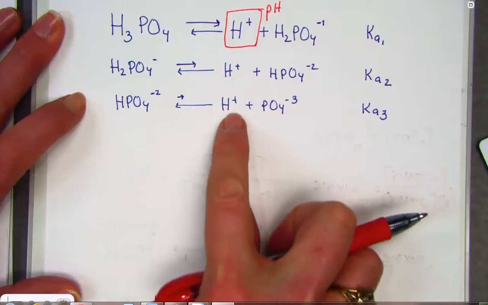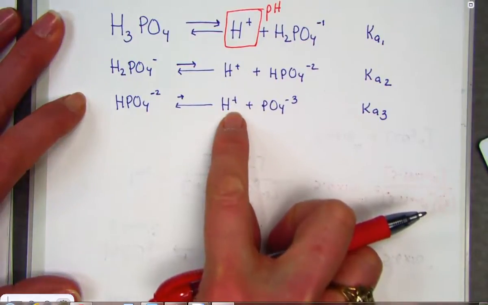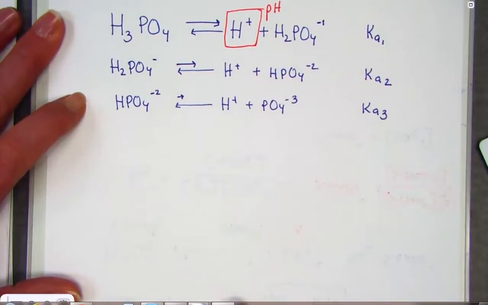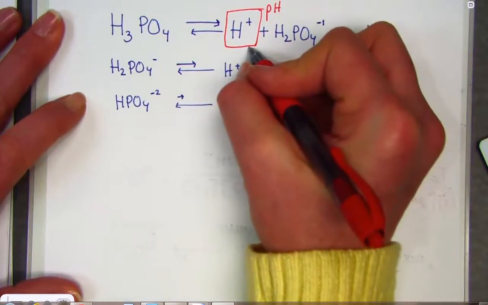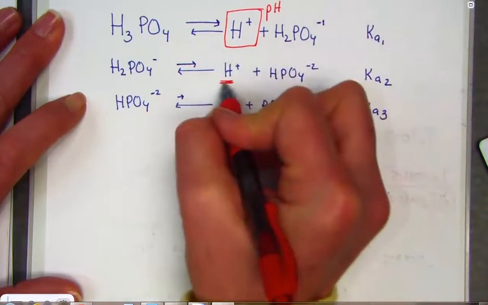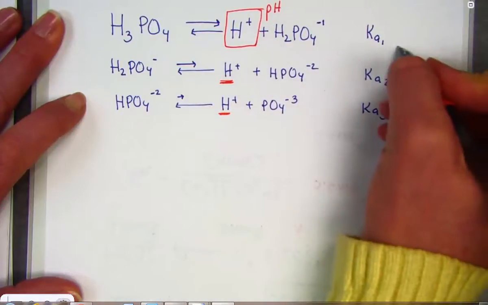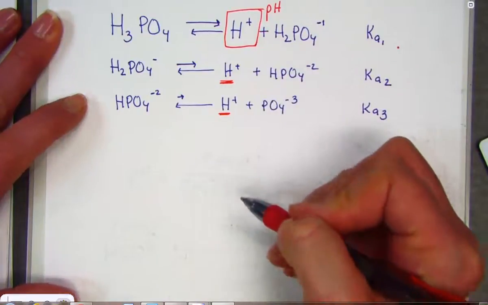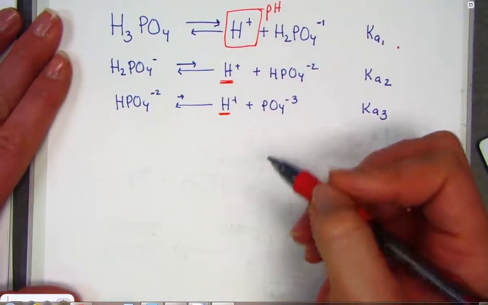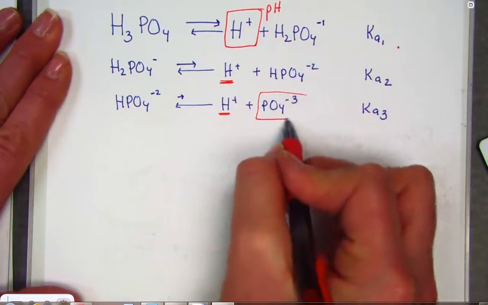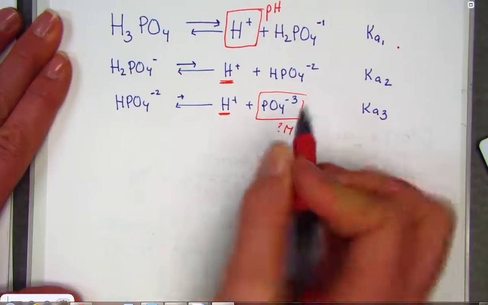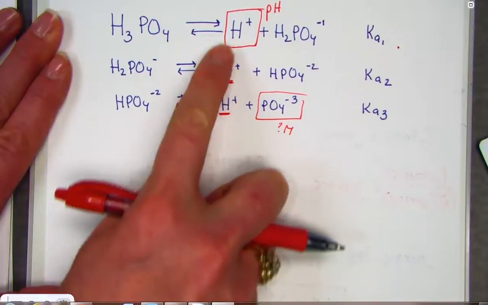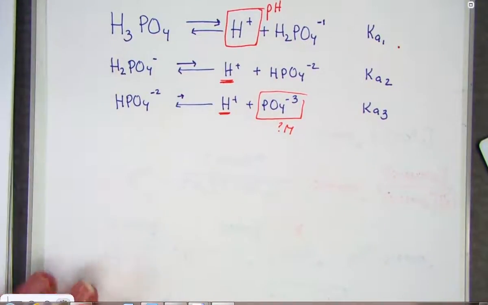Because these are so insignificant, they're so small in comparison to this magnitude, we just disregard those values. But once I solve for X with the pH, this concentration of hydrogen ion from the Ka1 calculation is now a known quantity carried through every successive calculation. So if indeed we were targeting this molar unit, we would know H plus every time we set up a Ka expression from the calculation of Ka1.